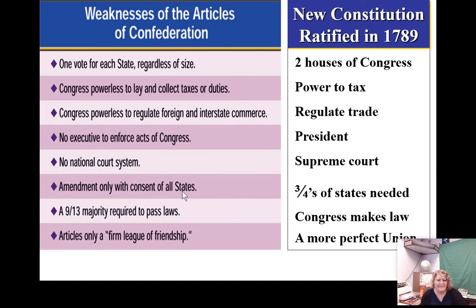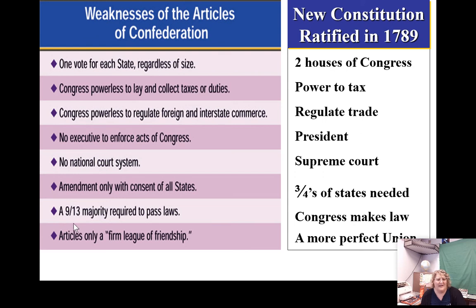Okay, to change the Articles of Confederation, it required unanimous consent, which made it nearly impossible to amend the Articles and change anything in them. But for the Constitution, it's only 3/4 of the states that are needed. So you don't have to have unanimous consent to amend the Constitution.